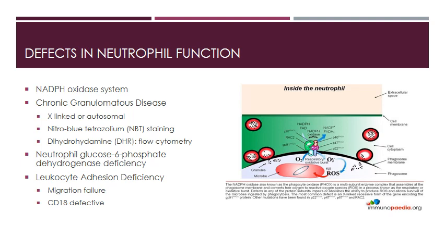It's used to detect the granulocytes, in particular the neutrophils. And that would be reduced, obviously, in a patient with CGD, okay? In the NBT, there'll be no blue precipitate, and on flow, there'll be no fluorescence. So a lack of fluorescence means the patient most likely has chronic granulomatous disease.